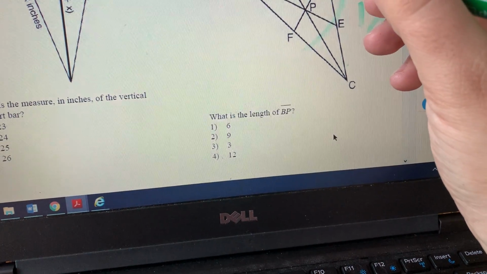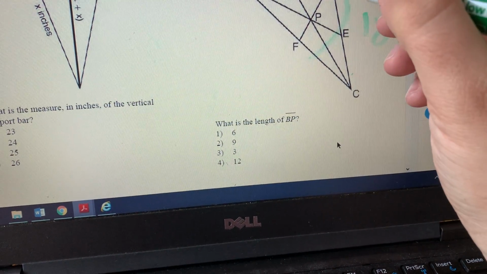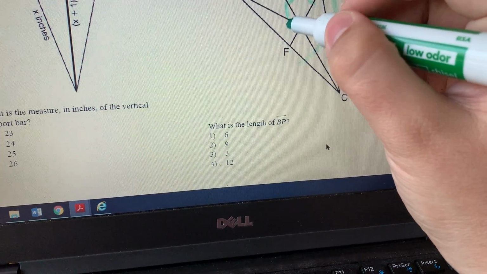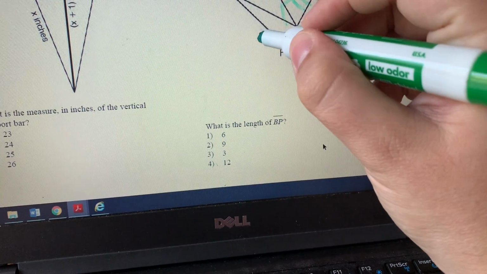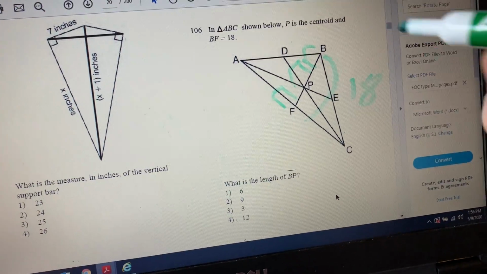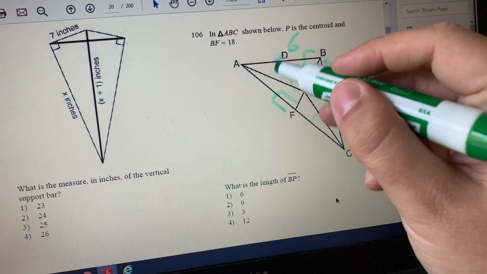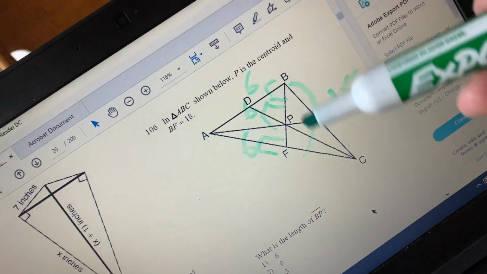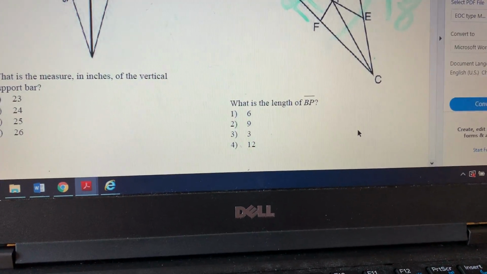So you can either do 2/3, 1/3, or I'm going to do the 1/3, 1/3, 1/3, even though it's not really coming through. So what's 1/3 of 18? 6, right? So I got 6, 6, 6, which means BP is 6 plus 6, which is 12. So answer choice 4.